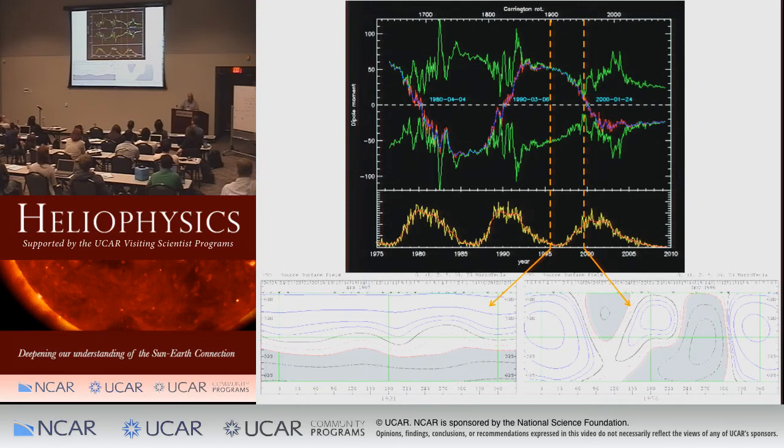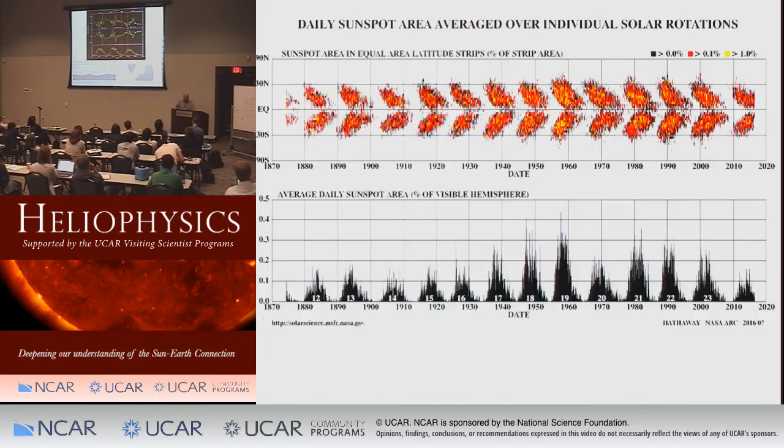Everyone's familiar with the idea that the sun has this kind of periodic behavior. As I told you, the sunspots themselves are a manifestation of this magnetic field. They were little specks, and we saw the magnetic field was much more dispersed than that. If we make a plot of the number of sunspots, let's just look at this bottom plot here.